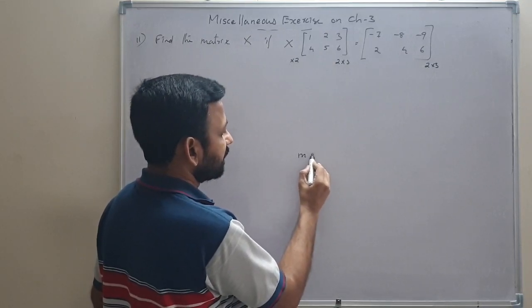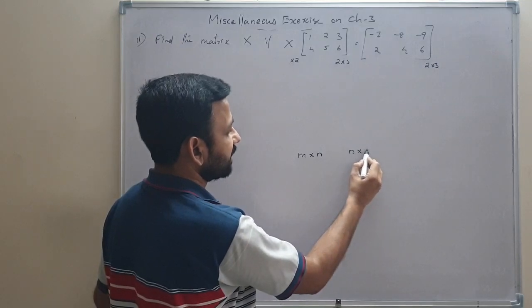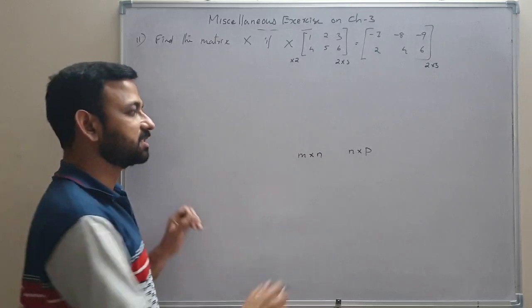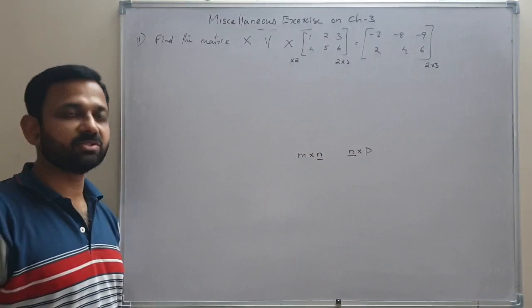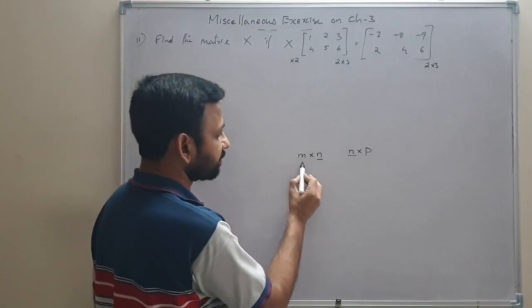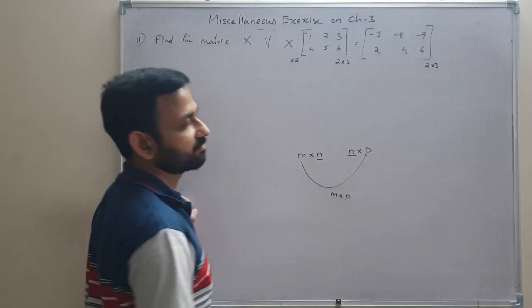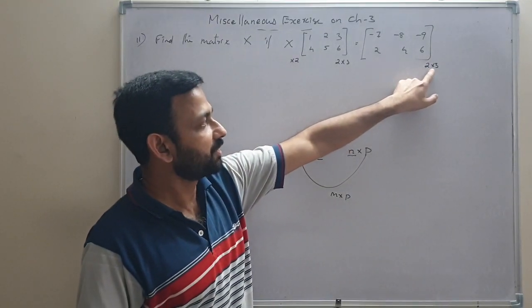If m by n matrix and n by p matrix, we can find the product of these two matrices. These two numbers are same, so we can find the product of these two matrices. And when we find the product, the order of that product will be m by p. So here the order of the product is given 2 by 3.